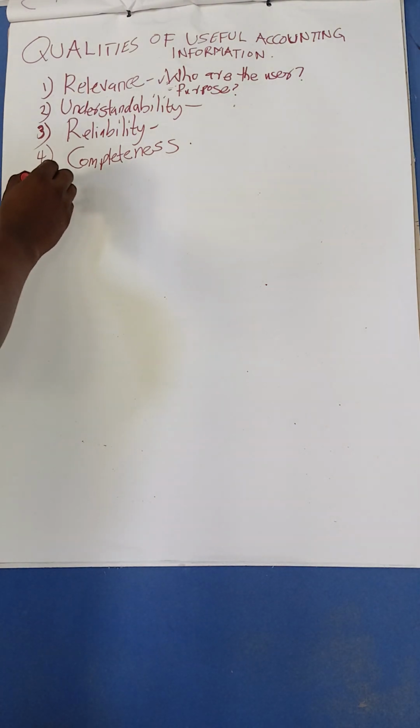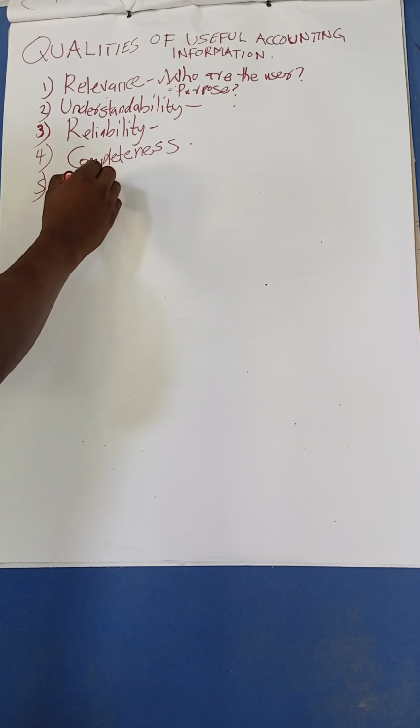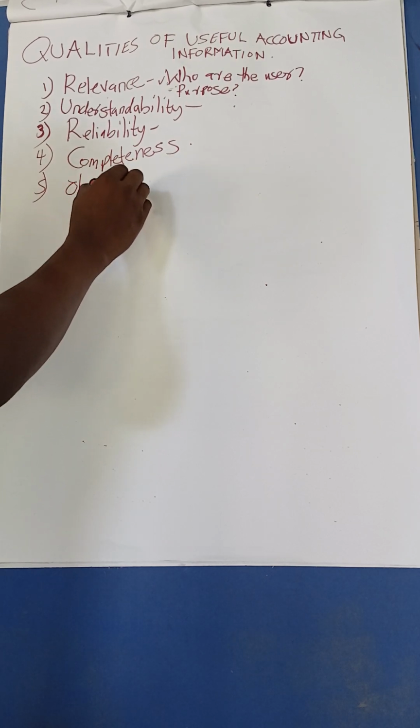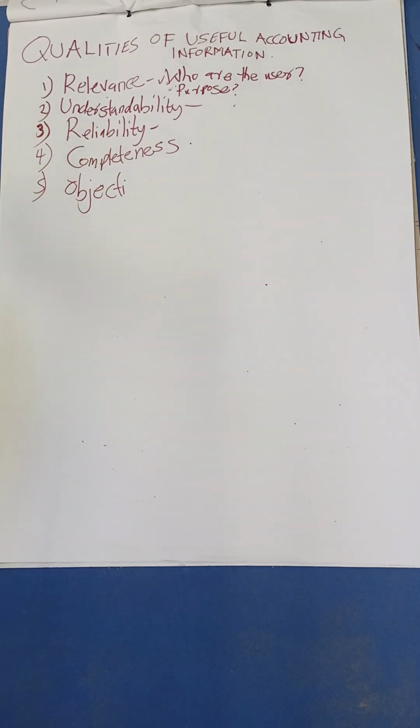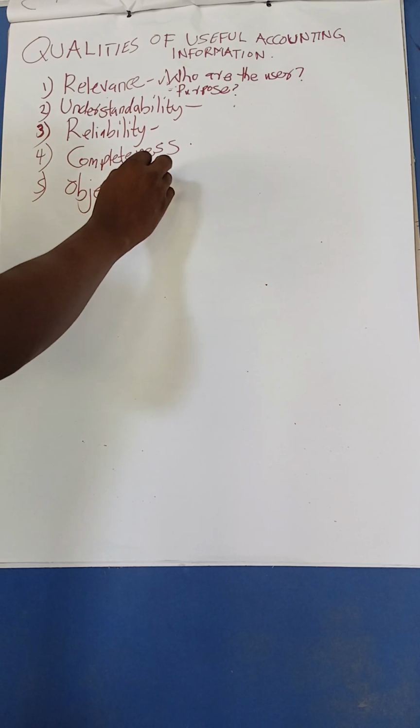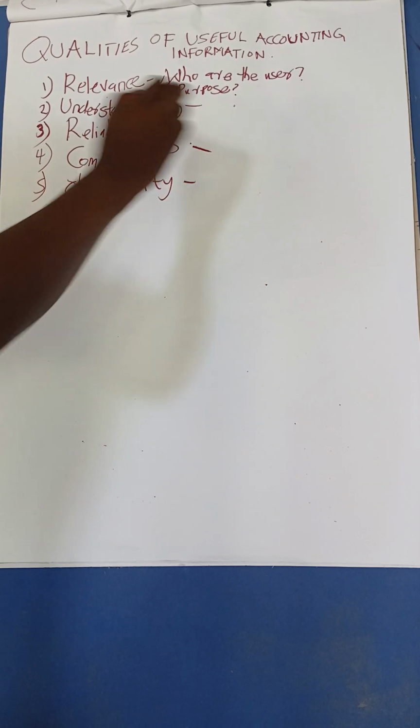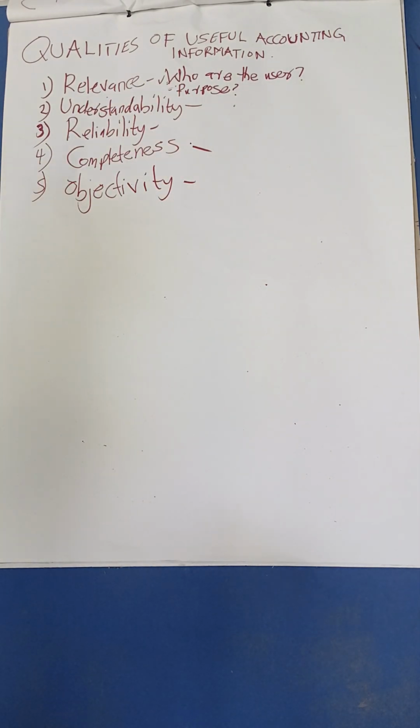So the next one, we have objectivity. Good. So here we are reminded that accountants must present information that does not have any bias in it.